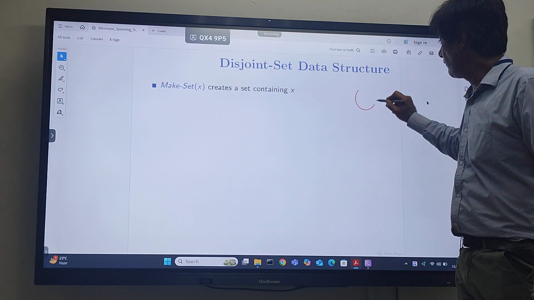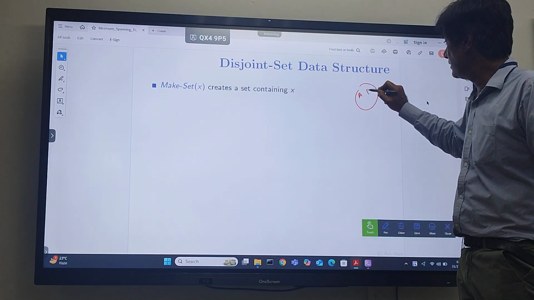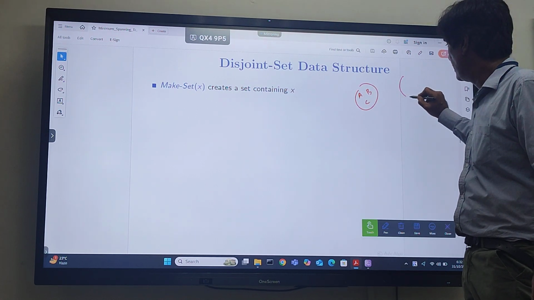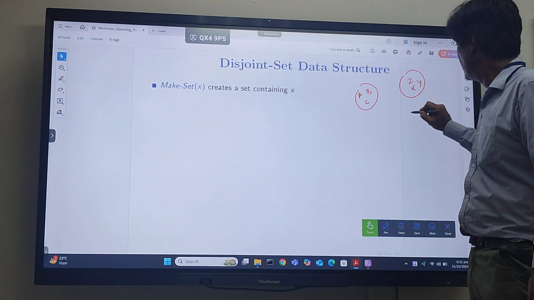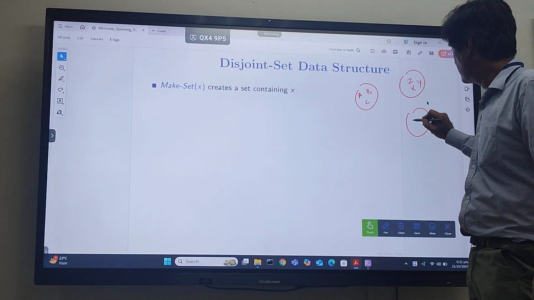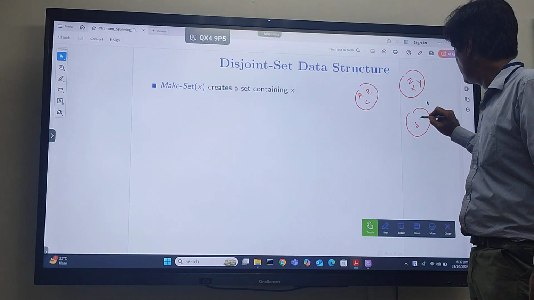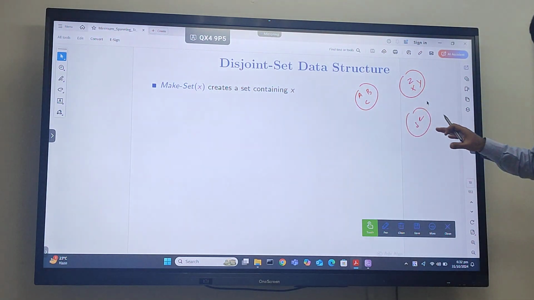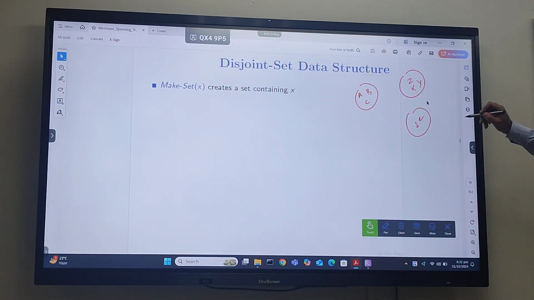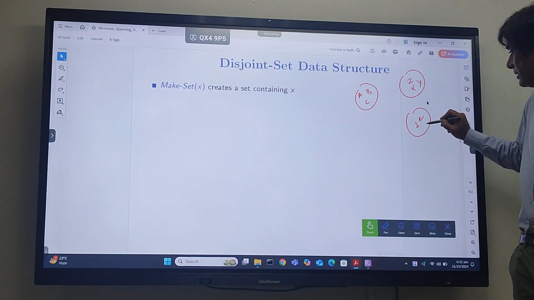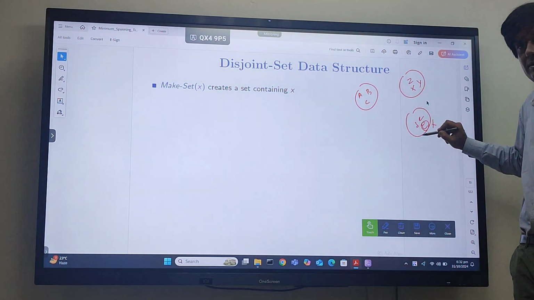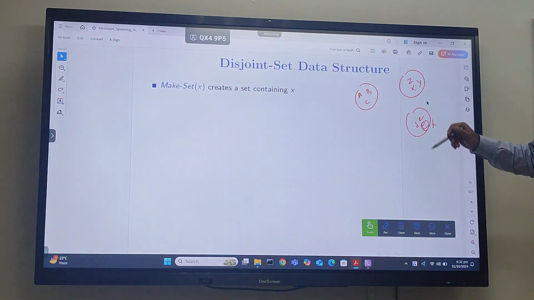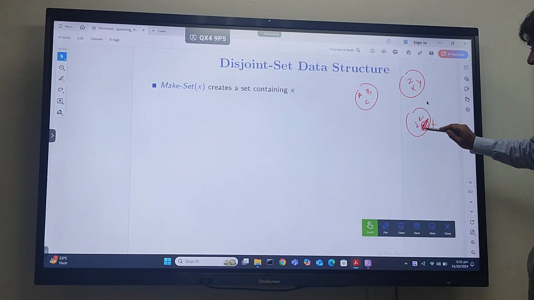If there are multiple sets, this set has A, B, then this set has Z, X, Y, something else has D, E, and they are different. If the same element is over here as well, it will not be a disjoint set, so this cannot be a disjoint set.